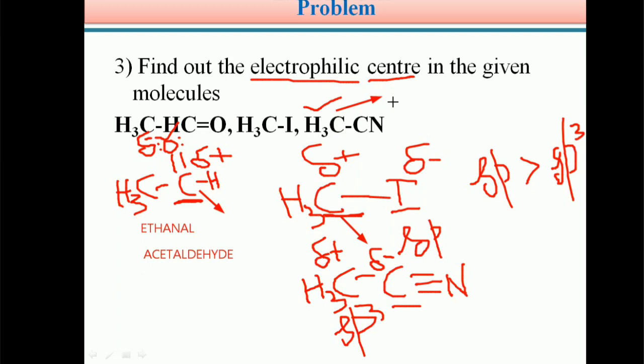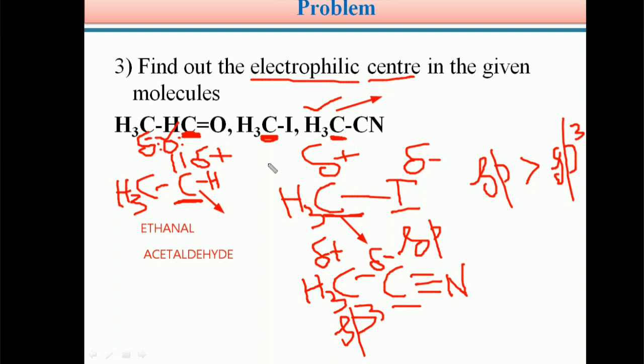So students, in the case of acetaldehyde, this carbonyl carbon is the electron deficient portion or electrophilic center. In methyl iodide, this methyl carbon is the electron deficient portion or electrophilic center. In acetonitrile, this CH3 carbon is the electrophilic center or electron deficient species.